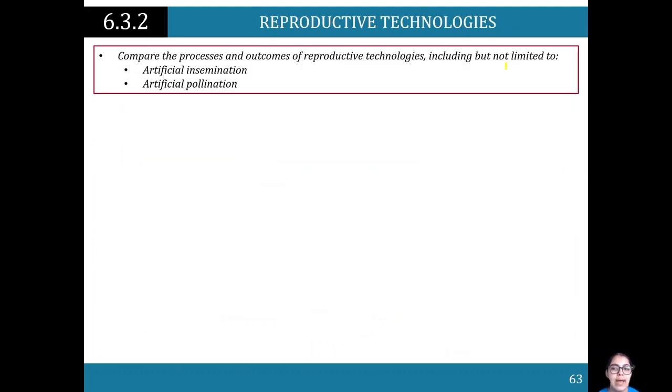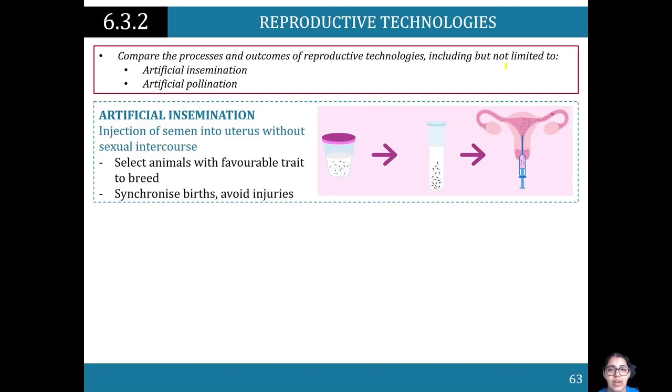So let's begin by looking at artificial insemination and pollination. We've already talked about this in Module 5. Artificial insemination is the injection of semen into the uterus without sexual intercourse. We select animals that have favorable traits, take the egg and sperm, and fertilize it.